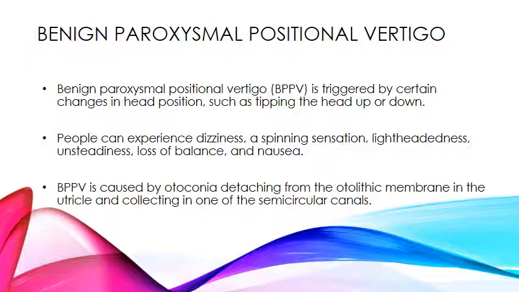When the head is still, gravity causes the otoconia to clump and settle. A person suffering from this disorder may experience dizziness, a spinning sensation, lightheadedness, unsteadiness, loss of balance, or nausea.